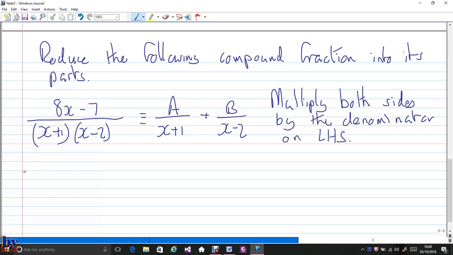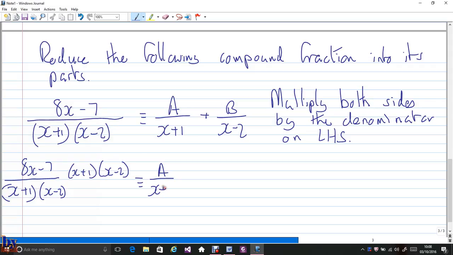So let's do it. We've got, a bit smaller perhaps, (8x minus 7) over (x plus 1)(x minus 2), times (x plus 1)(x minus 2), equates to a over (x plus 1), times (x plus 1)(x minus 2), plus b over (x minus 2), times (x plus 1)(x minus 2).